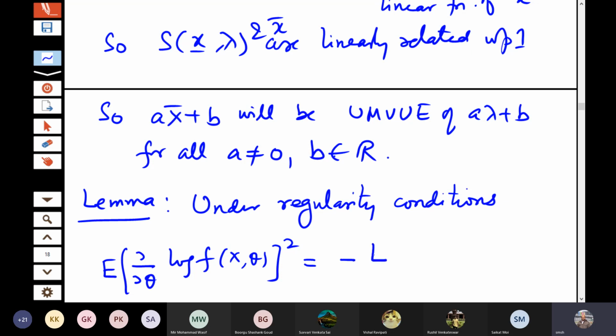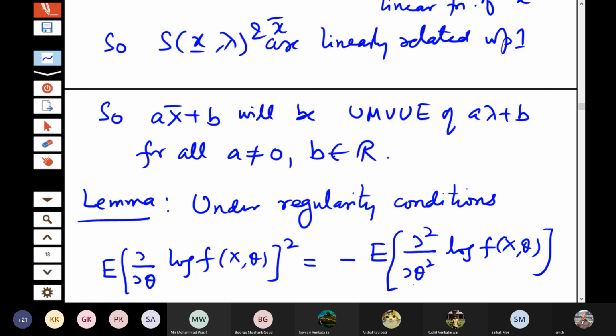This is equivalently given by the second derivative, but then I have to put a negative sign. So this is an alternative expression for this. I can actually write down a small proof for this.